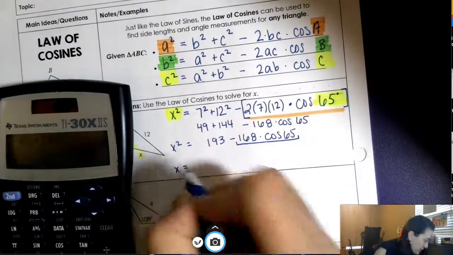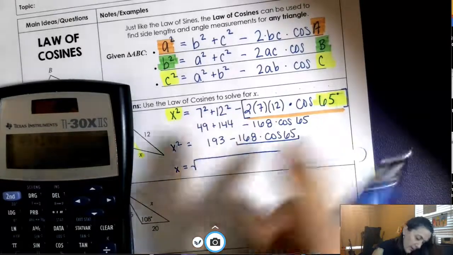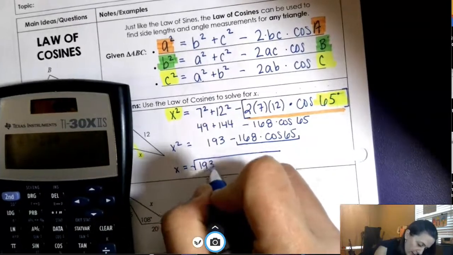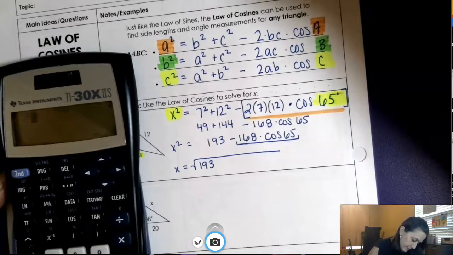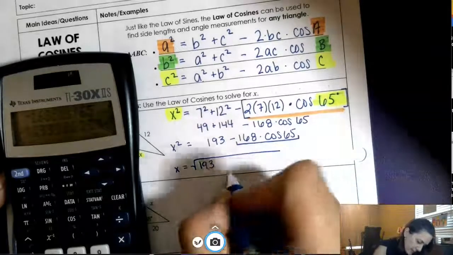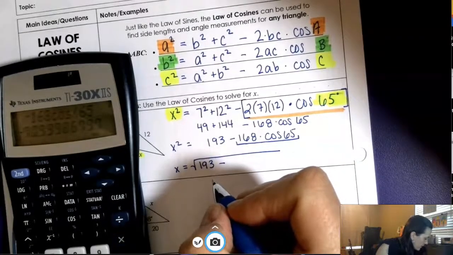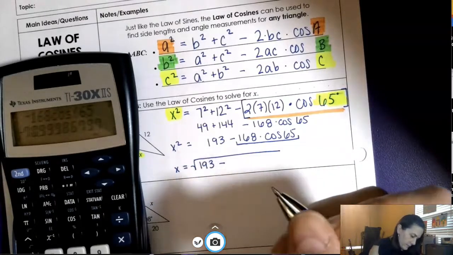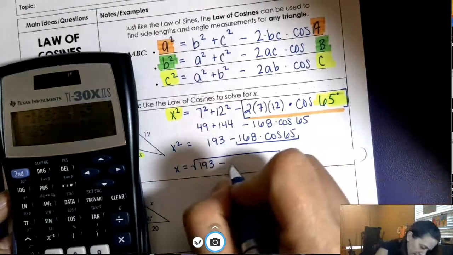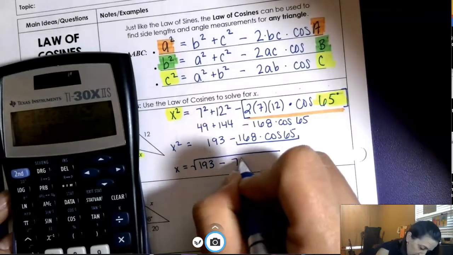So x is really going to equal the square root of 193 minus 168 cosine of 65, which is going to be negative. I get negative 71 approximately.